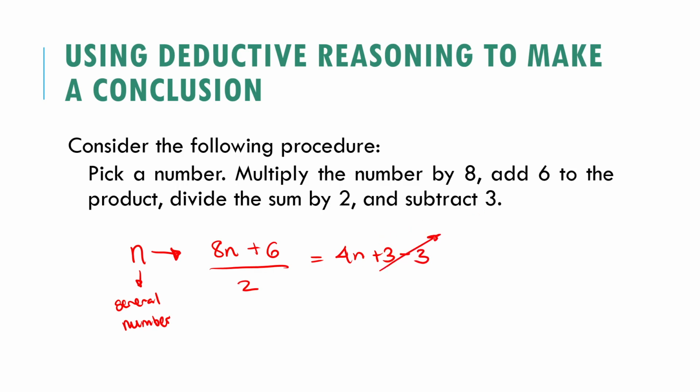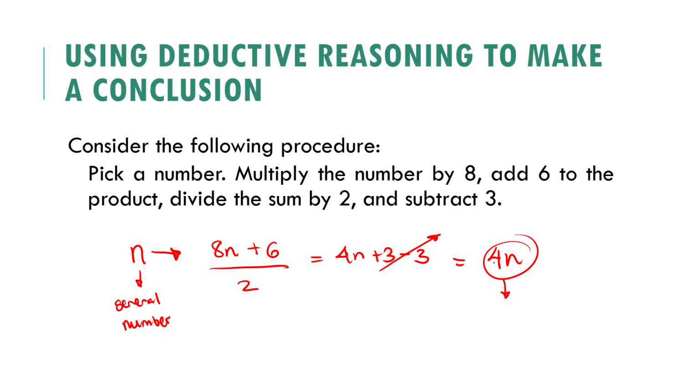So this cancels out our constant, and now we are left with 4n. 4n means 4 times our general number or original number, right? And what was our conjecture in our inductive reasoning? The original number gets multiplied by 4, and this is represented by that conjecture.